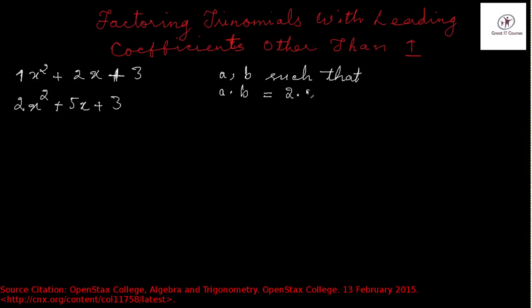So 2 times 3 is equal to 6, and a plus b is supposed to be equal to the coefficient of the term with the x, so that would be the number 5. So now I'm looking for two numbers that have a product of 6 and have a sum of 5.